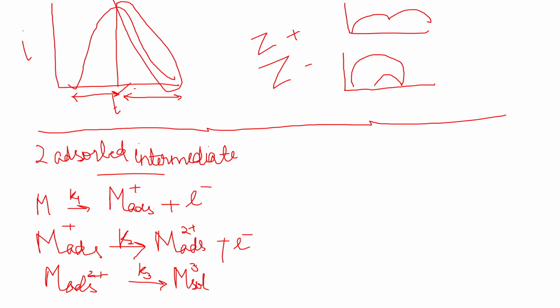M solution 3 plus. So here, in the question I'm going to discuss, all three steps are electrochemical steps. In case you want to try another variant, you can go for a case where M adsorb 2 plus directly becomes M solution 2 plus. It's going directly into solution and no electron transfer is involved. For the purpose of trying out questions, you can also try this kind.